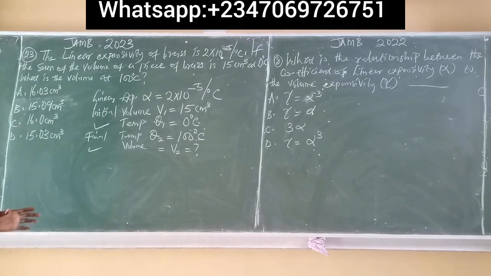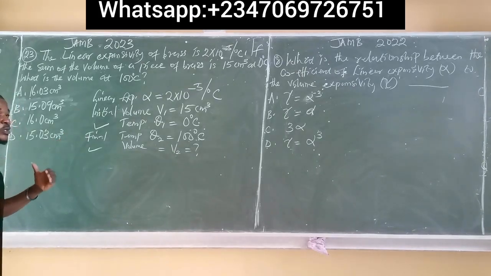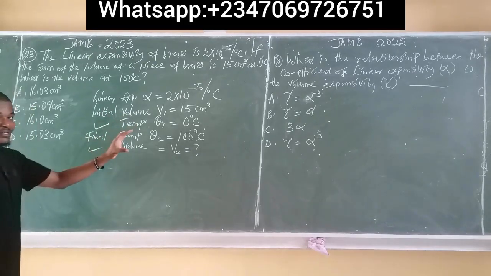Look at this question. You're given initial volume, initial temperature, and final temperature, but the coefficient of expansion there is a linear expansion and not a volume expansion. So again, it brings us to the idea I said earlier. Since these properties has to do with volume and not linear, it means we are going to be talking about the cubic expansion or volume expansivity.